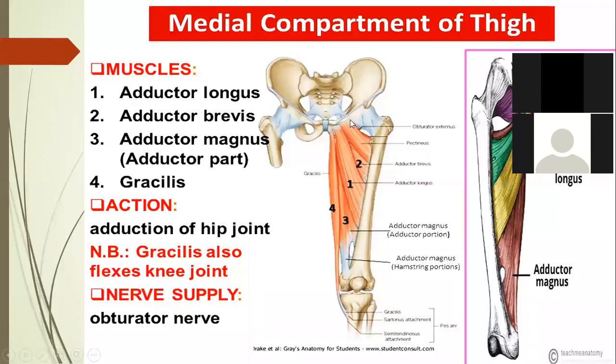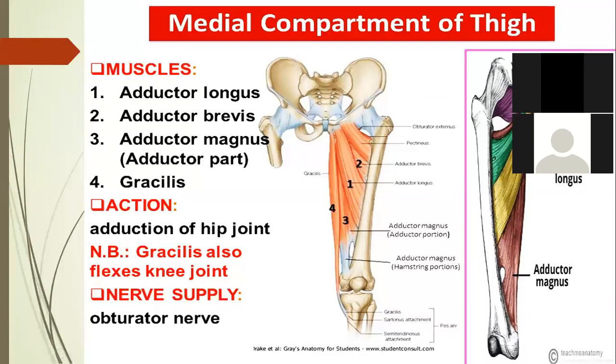Origin is very simple: this muscle arises from the outer aspect of the obturator membrane and the adjacent areas of the body of the pubis, the pubic and the ischial rami. After getting origin from the obturator membrane, the muscle moves laterally towards its insertion, and insertion lies at the trochanteric fossa.